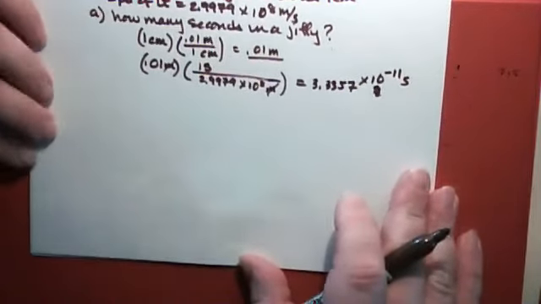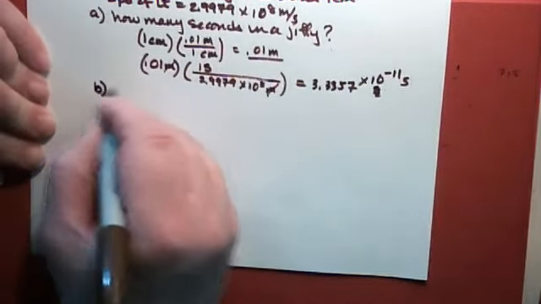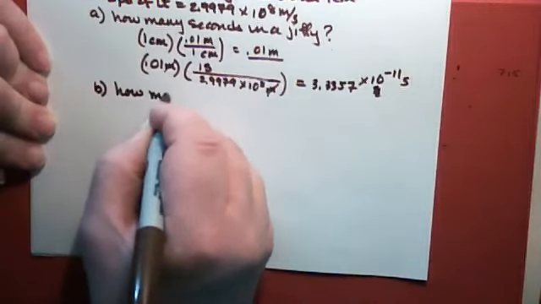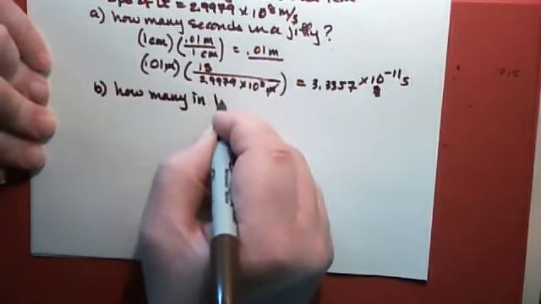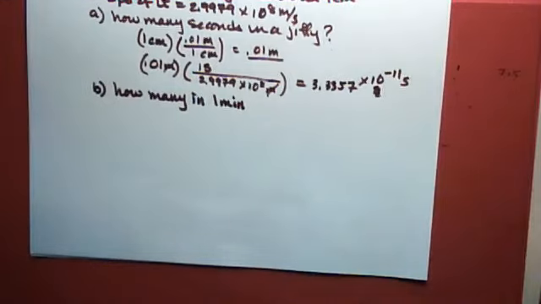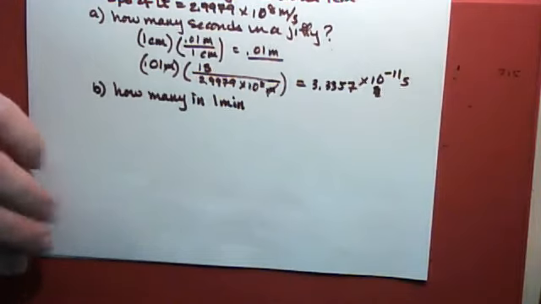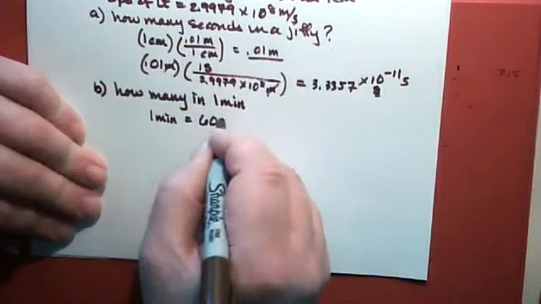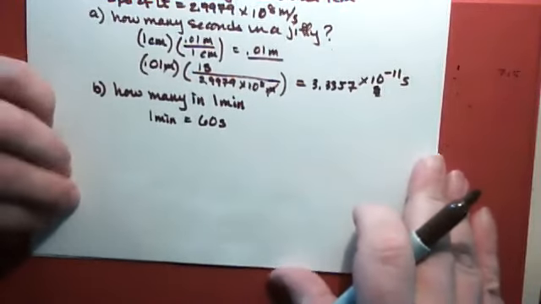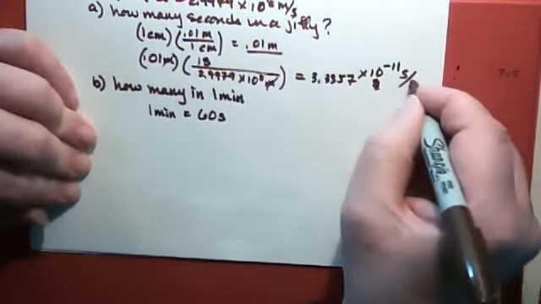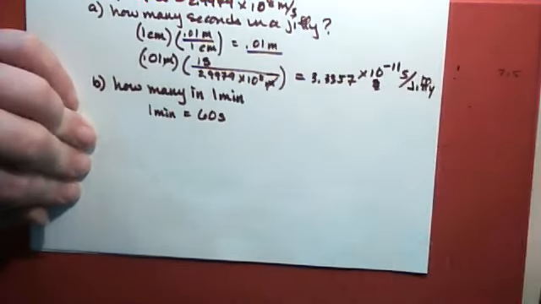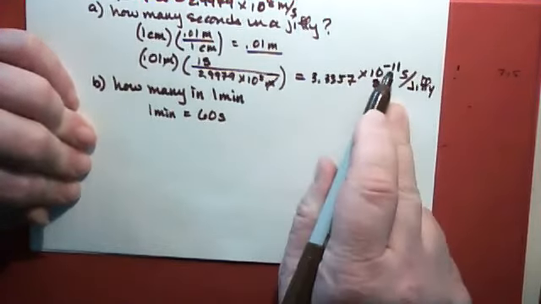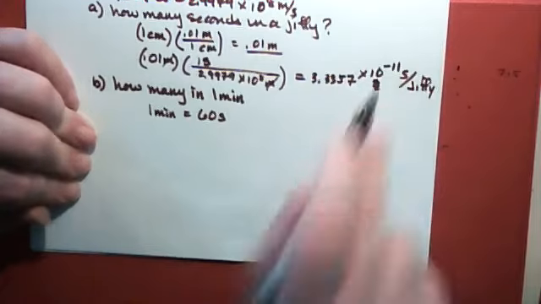How many jiffies are in 1 minute? And so let's see, this is 3.3357 times 10 to the minus 11 seconds per jiffy.